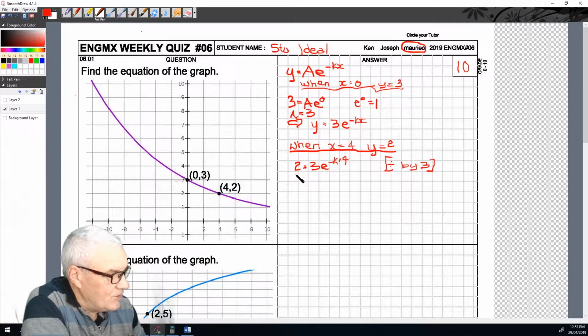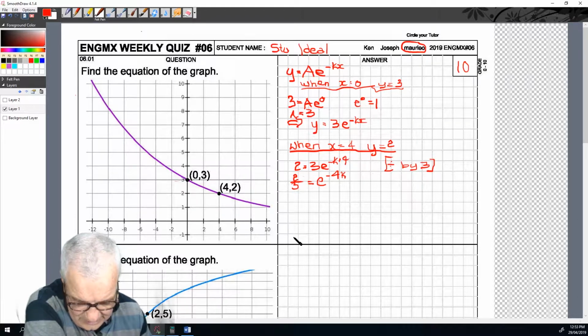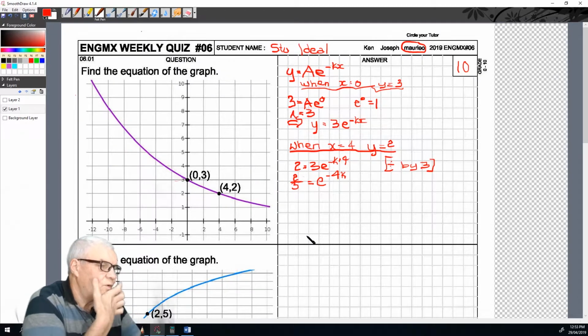So what I get is 2/3 equals e to the negative 4k. 2/3 equals e to the negative 4k.